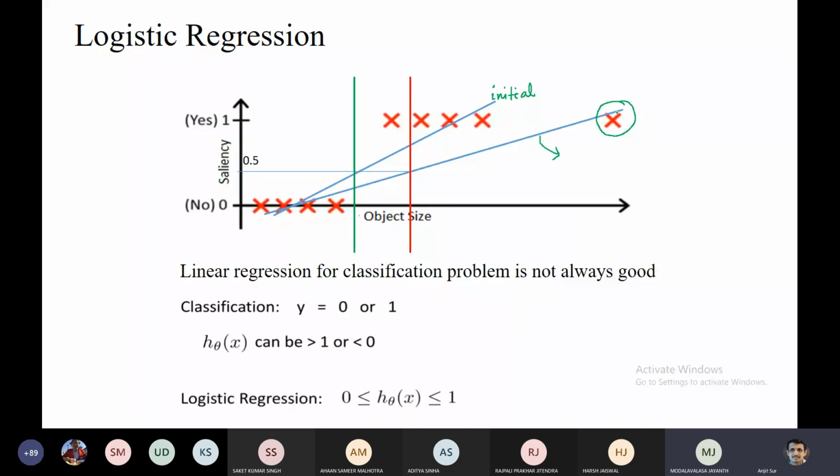And the separator, that was the previous separator, is now the current separator. Now with the current separator, even though the size is high, it is classified as less salient. So some misclassification happened.